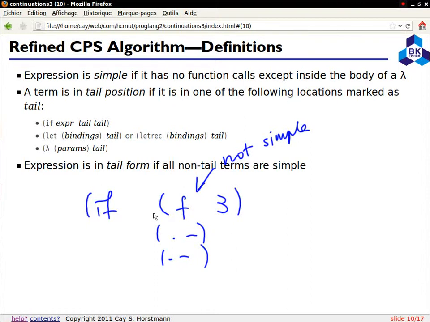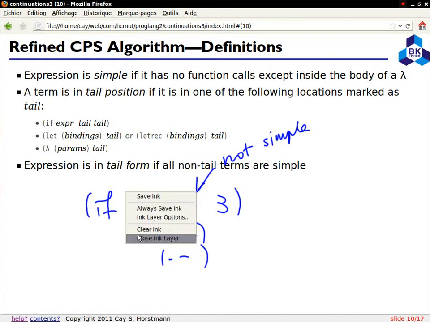And the body of a let or a letrec is in tail position. And the body of a function is called in tail position. That's just a definition. And now we're saying that an expression is in tail form if all non-tail terms are simple. And in that case, that's going to be good enough to apply tail recursion optimization.